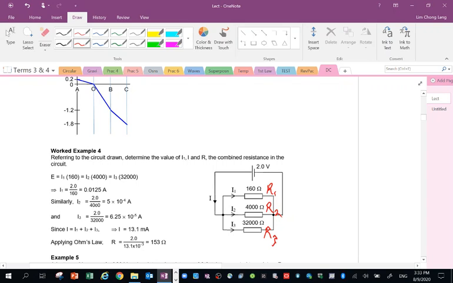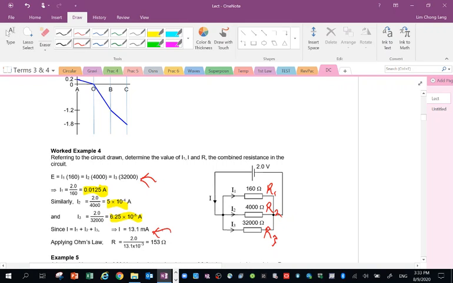I'm able to write an equation like this because in a parallel circuit, the EMF across each resistor is the same. In this way, I'm able to calculate the current through each resistor. And if I combine all these three currents, I will get the main current I1.